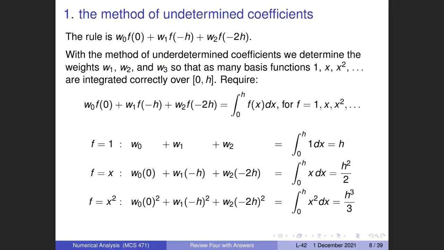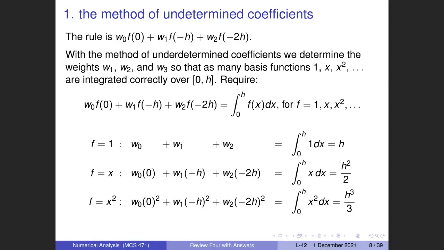So we are now at the setting of the method of the undetermined coefficients. The answer is in the 3 equations that are written here. The 3 equations are expressing in the right-hand side that the 3 basis functions are integrated correctly over the interval 0h, with the points 0, minus h, minus 2h. At the left side, you see the application of the quadrature rule with the 3 unknown weights.